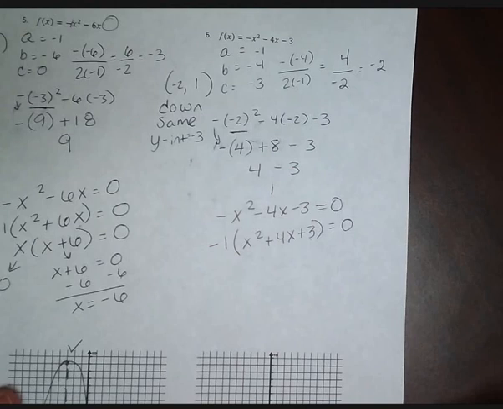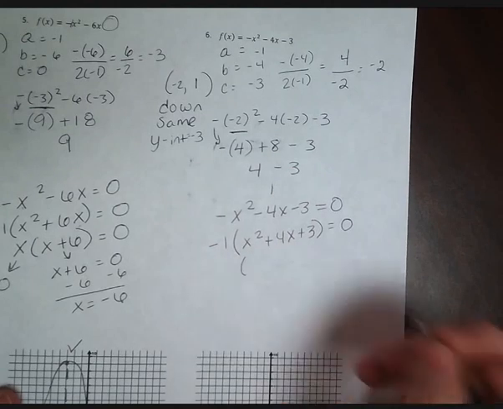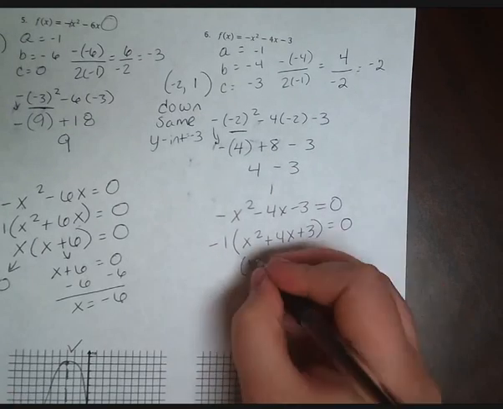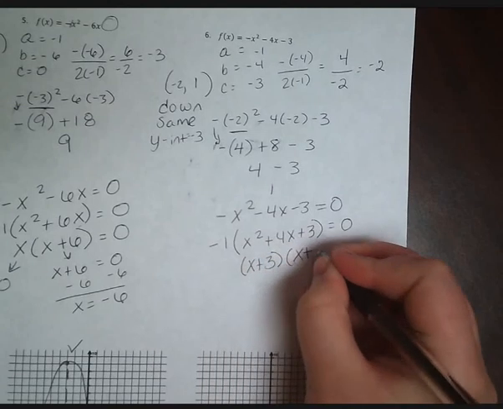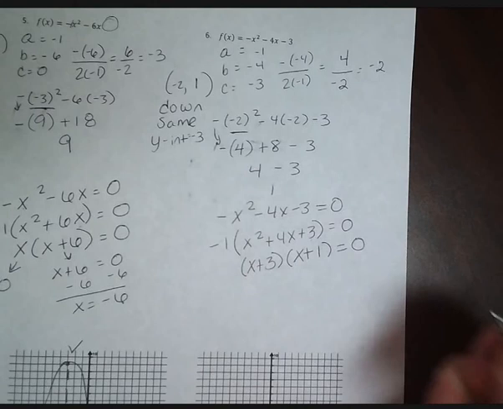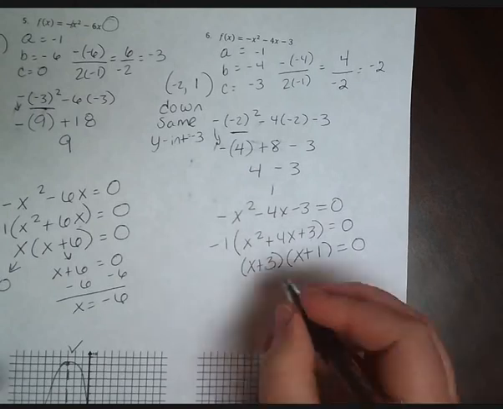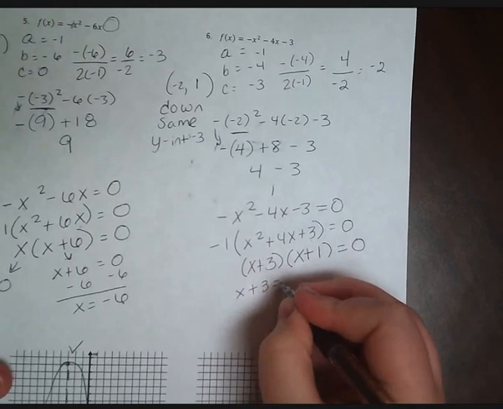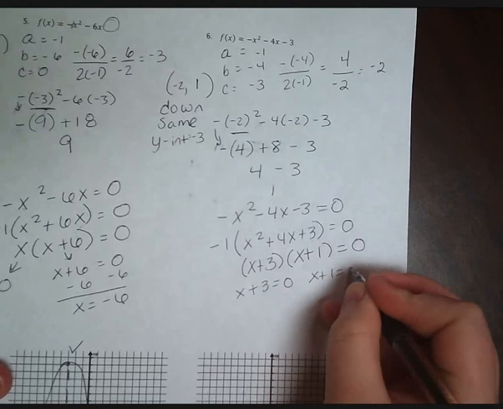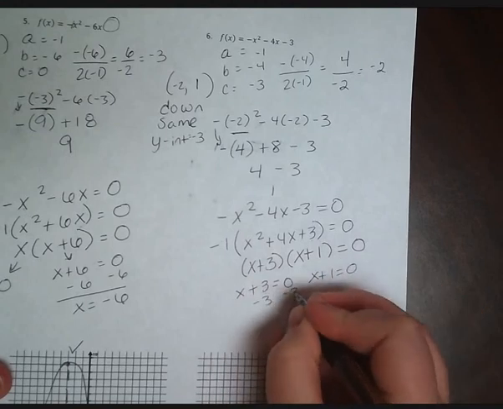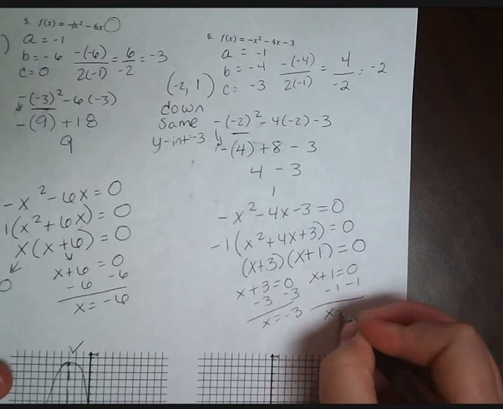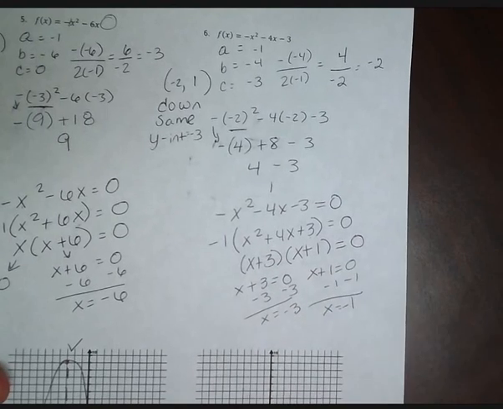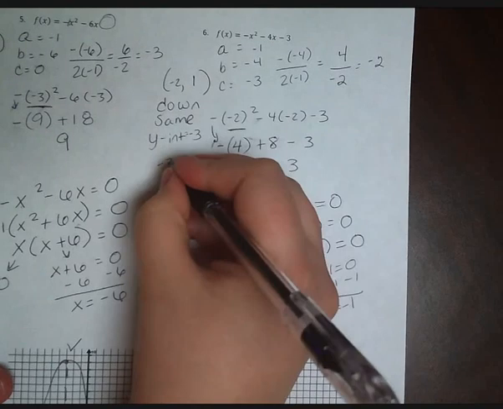And then we factor. So I have x plus 3, x plus 1. Set them both equal to 0. And then solve. So we've got a -3 and a -1 for our intercepts.